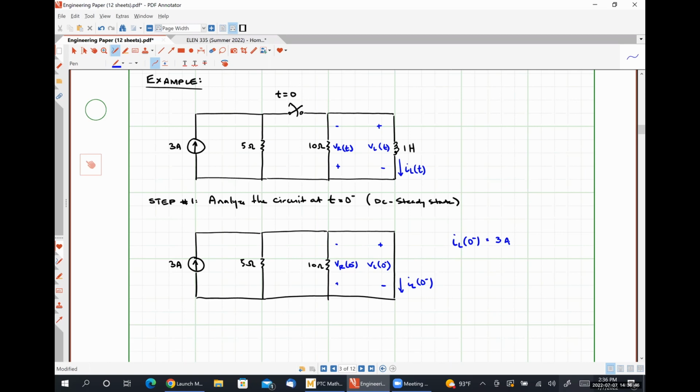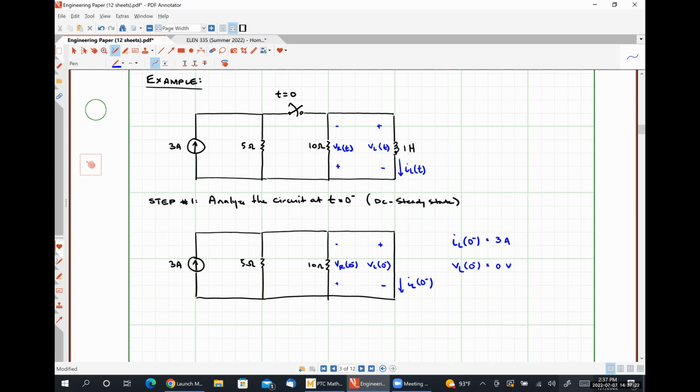So the inductor is being replaced by a short circuit at t is equal to 0 minus. What does the voltage drop over a short circuit have to be? Zero. Absolutely right. Thank you, Devarier. So VL of 0 minus has to be 0 volts because it's the voltage drop over a short circuit.